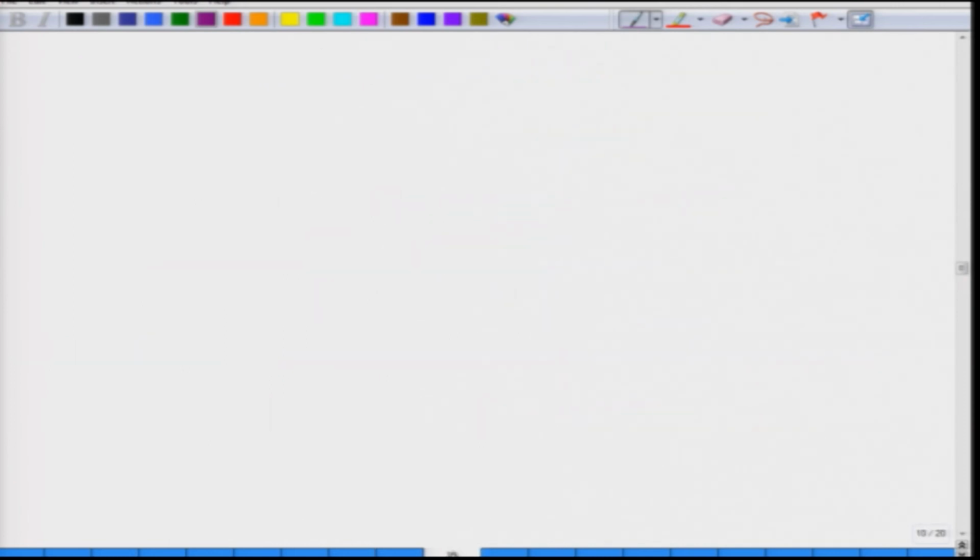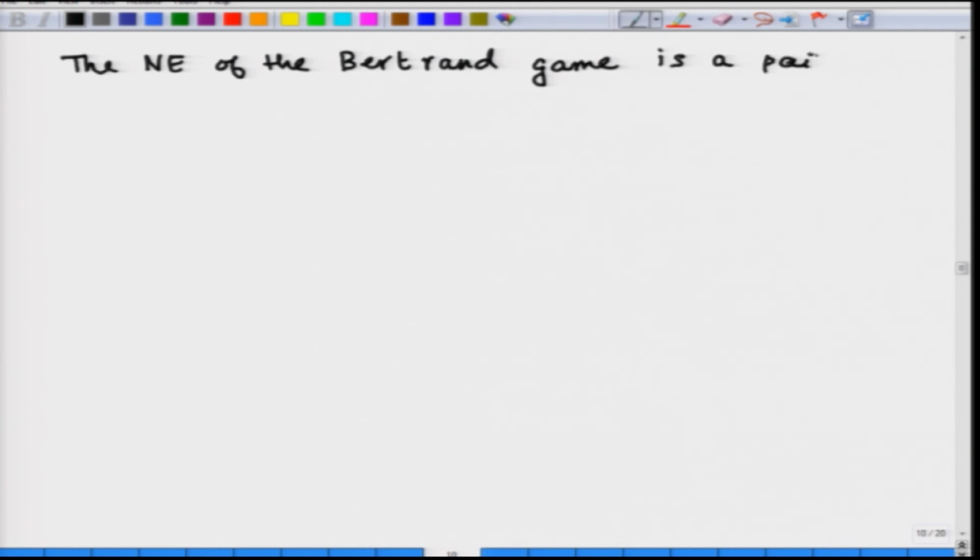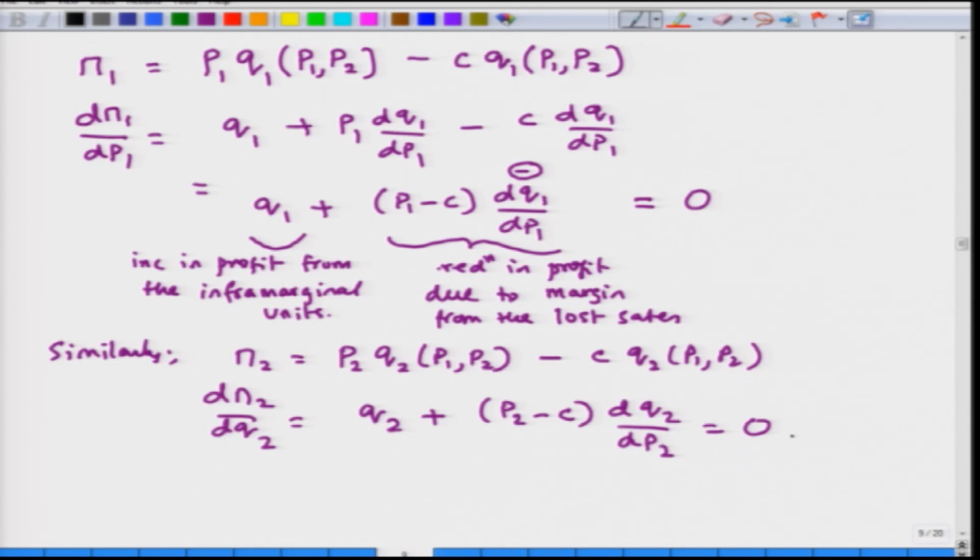So, now the Nash equilibrium of the Bertrand game is a pair of prices P1B and P2B such that they solve these two first order conditions. I call this 1 and I call this 2.